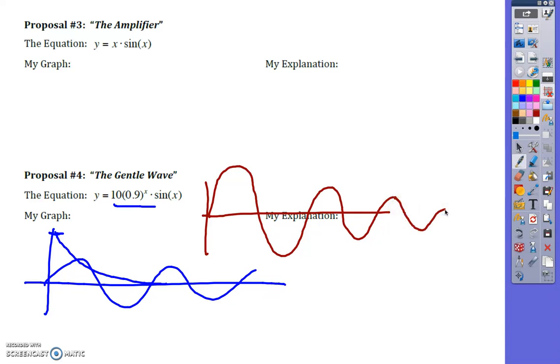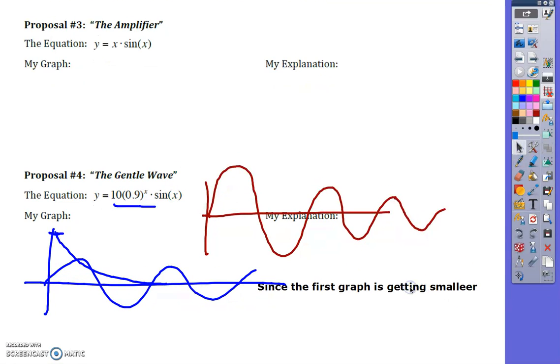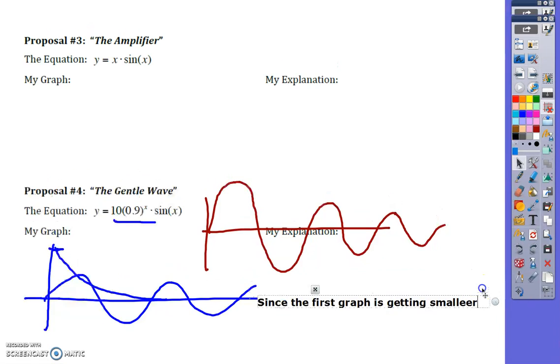And my explanation, since the first graph is decay, I'm going to say getting smaller. That's definitely a smaller.